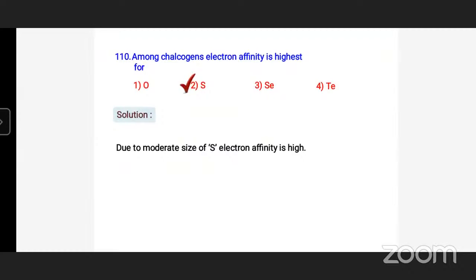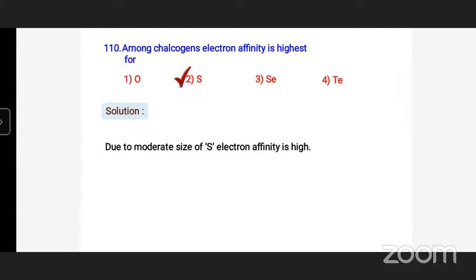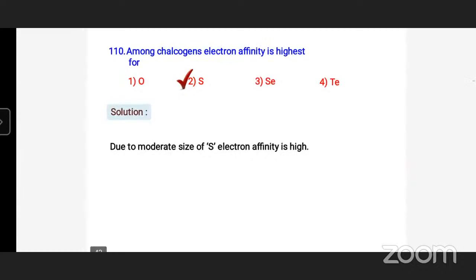Among chalcogens, electron affinity is highest. Chalcogens are group 6A elements: oxygen, sulfur, selenium, tellurium, polonium. Here the options are oxygen, sulfur, selenium, tellurium.